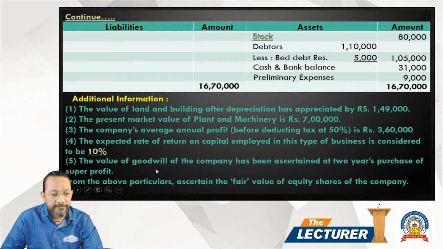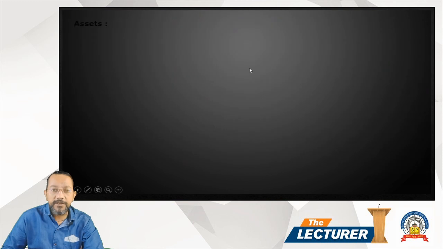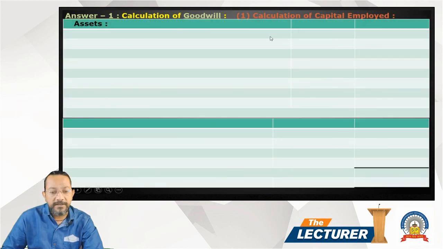So first we consider net asset and first we calculate the goodwill. For the calculation of goodwill, we first require the capital employed, that is assets and amounts.